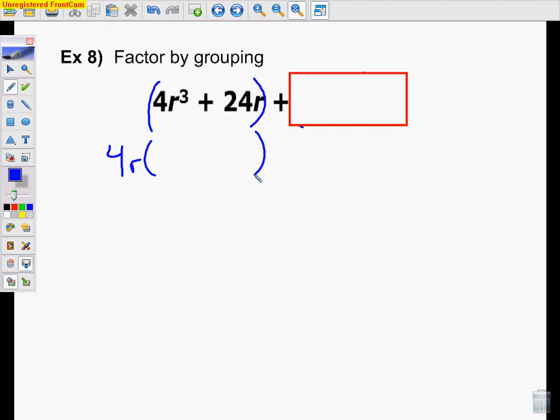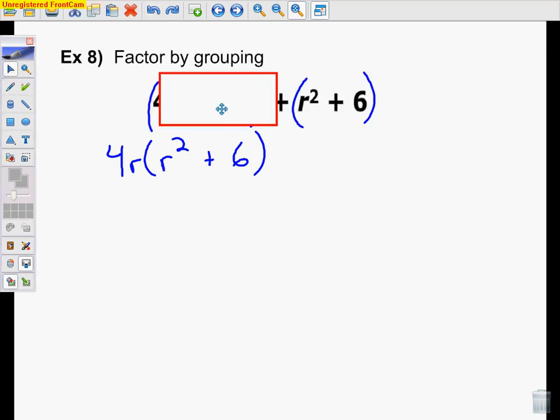So that leaves us with r squared plus 6. Because 4 divided by 4 is 1, but remember, we don't have to have that 1 there. And 24 divided by 4 is 6. So there we go. We factored out that first set.